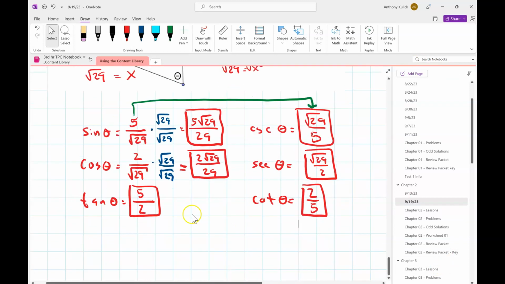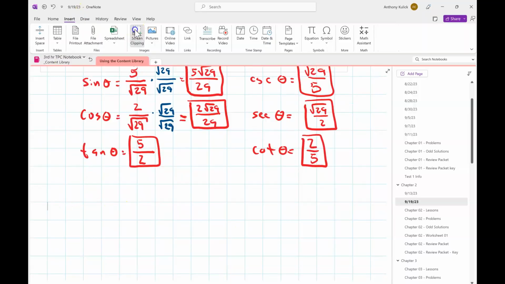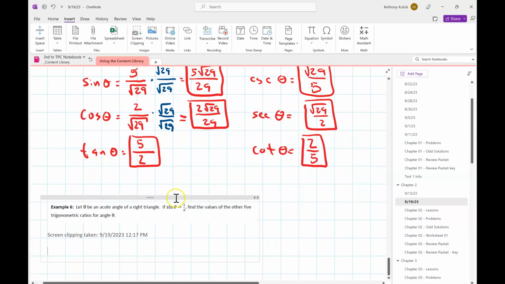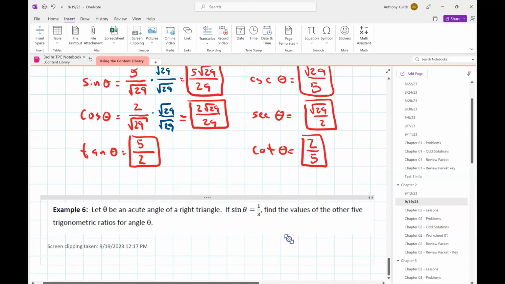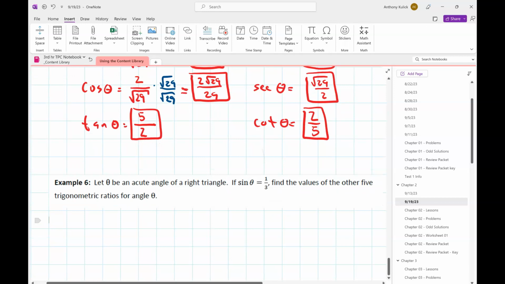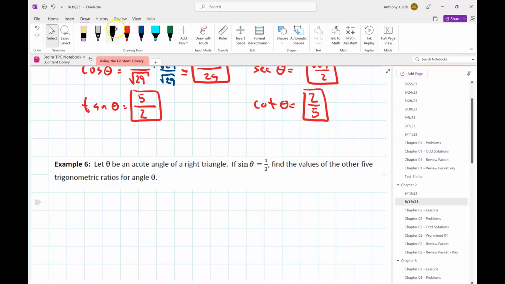All right. What if we do this? Let theta be an acute angle of the right triangle. If sine theta is 1/3, what are the values of the other 5 trigonometric ratios for theta?